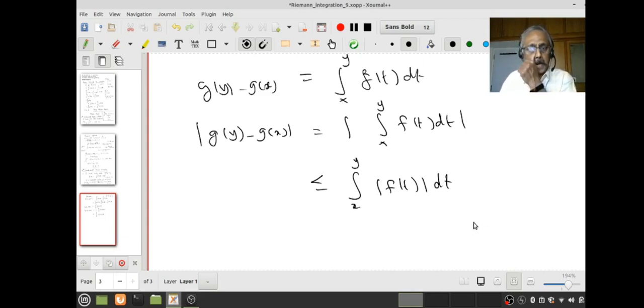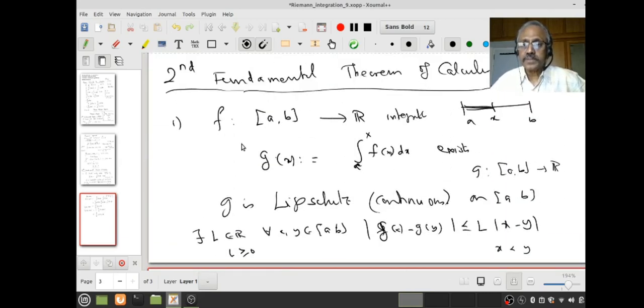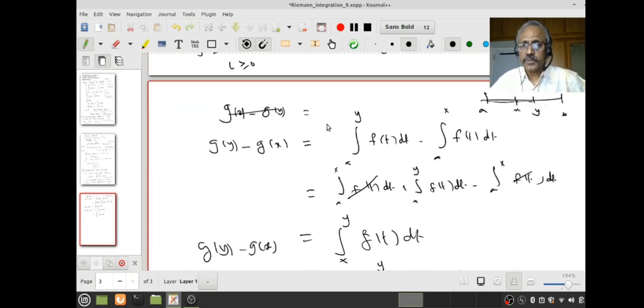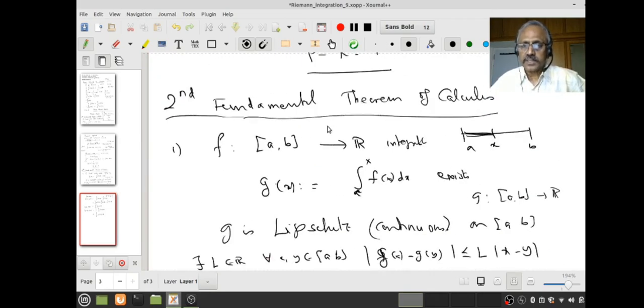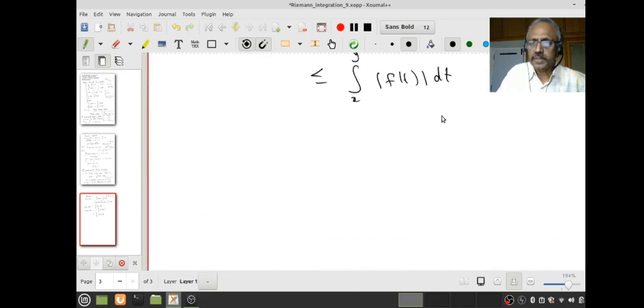Now remember, what was our assumption? f is integrable on [a, b]. Then in particular it has to be bounded, right? Let us assume modulus f is bounded by M. Therefore this will be less than or equal to the integral from x to y of M dt.